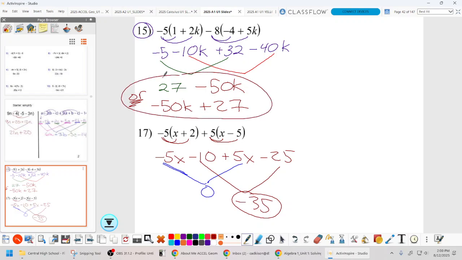Okay, others? Go ahead. 19, okay. Is it still on here? What is the problem with this thing?